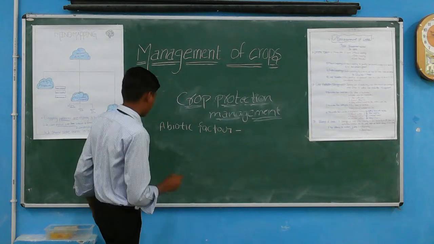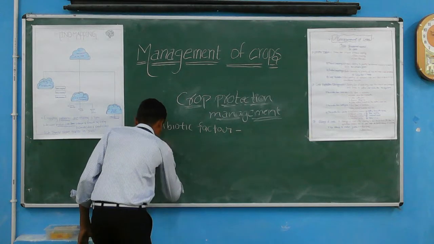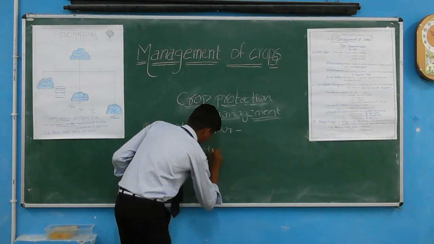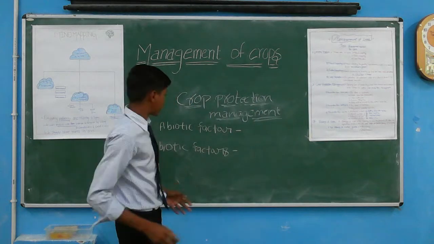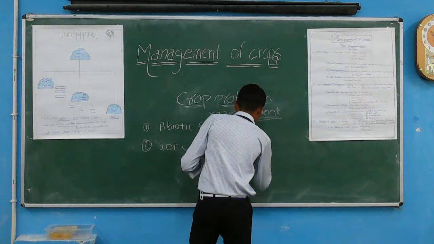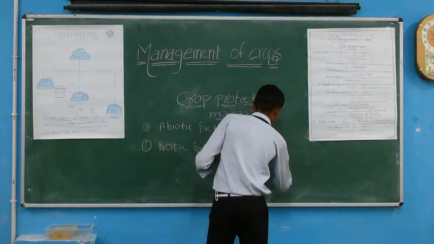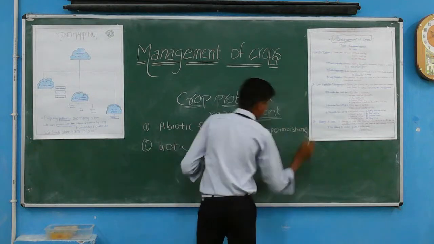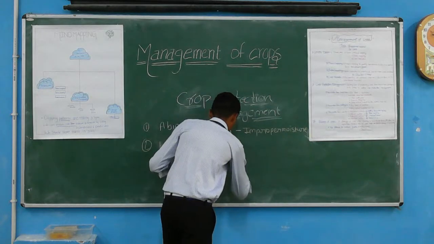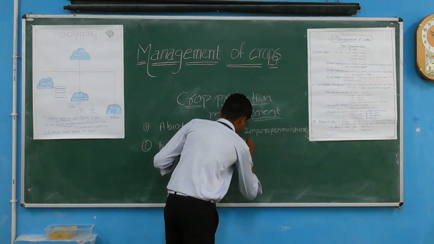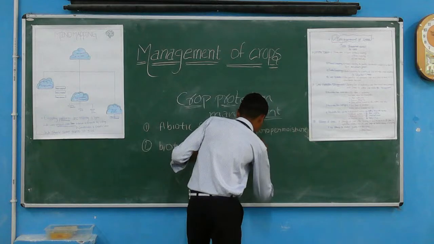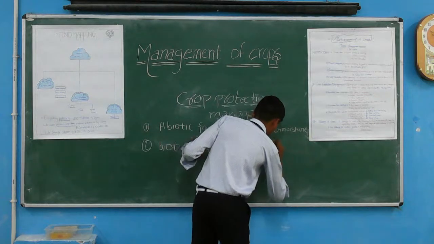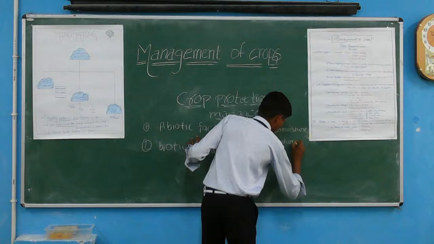Abiotic factors, and next, biotic factors. Abiotic factors like improper moisture, humidity, temperature.